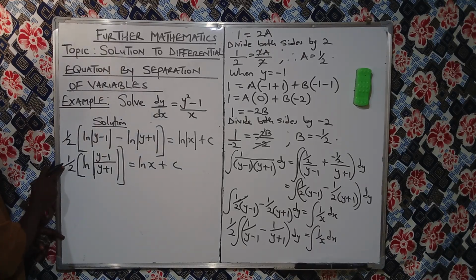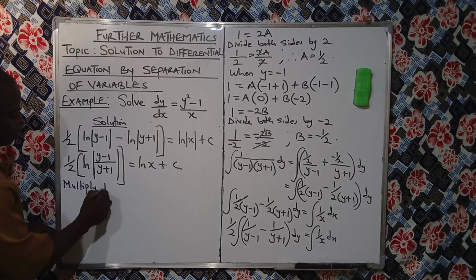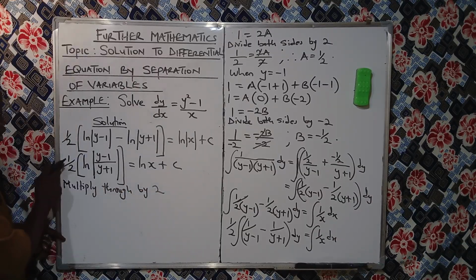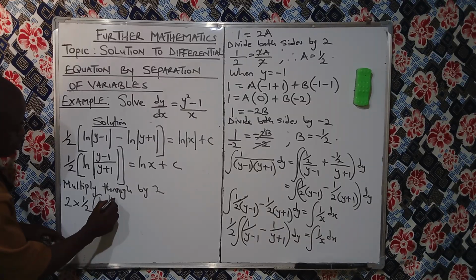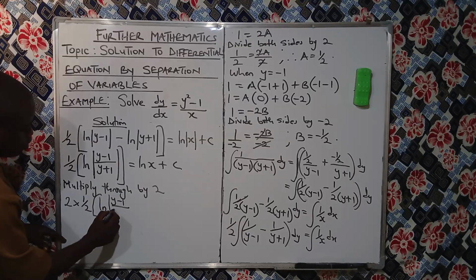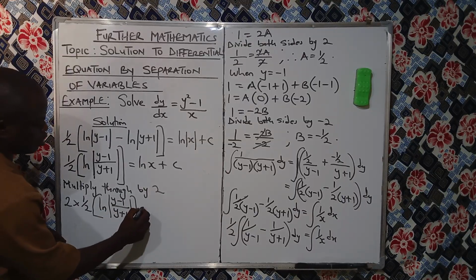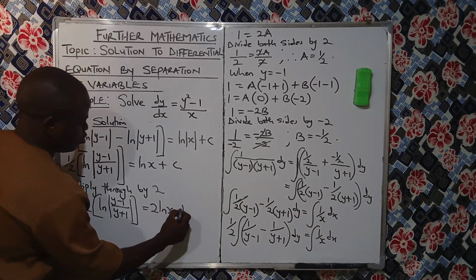I want to remove these two, multiply through by 2, so that these two will cancel out. Now 2 times 1 over 2 ln y minus 1 over y plus 1 equals 2 ln x plus c.